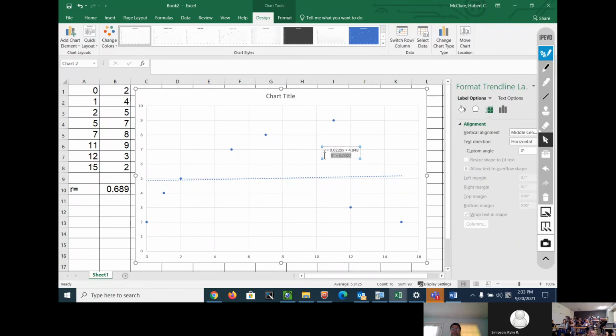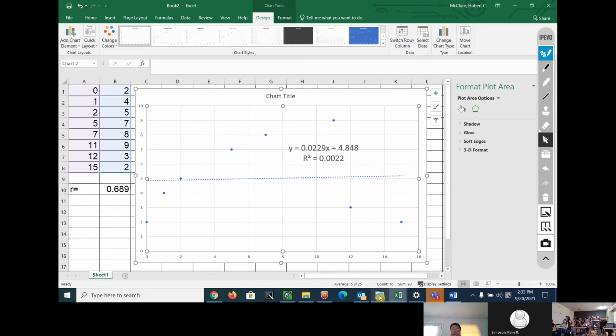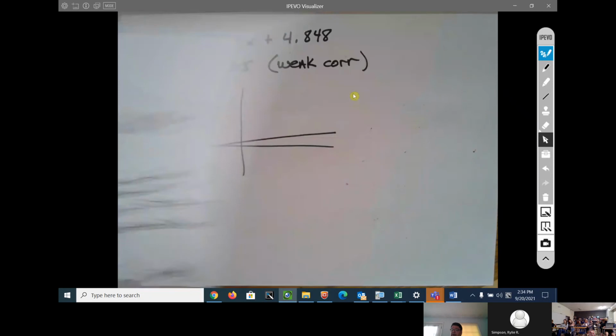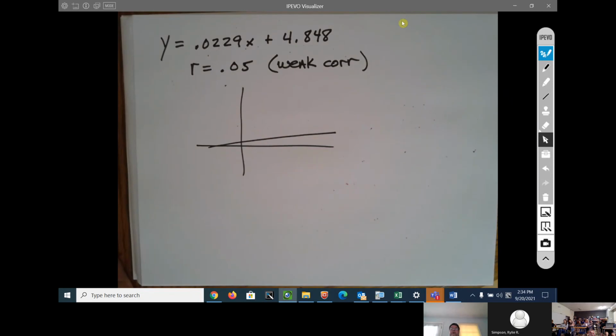And let's see if they match up with what we got. Where is my sheet? There it is. So is that what we got?